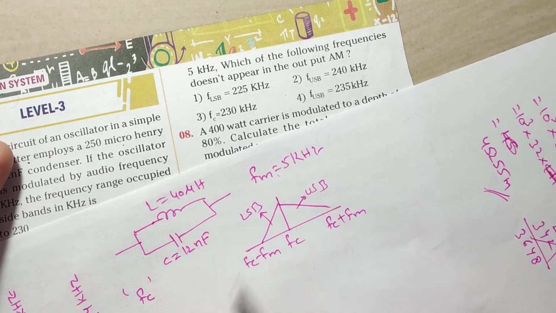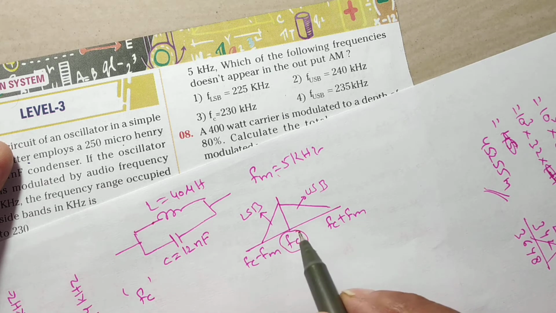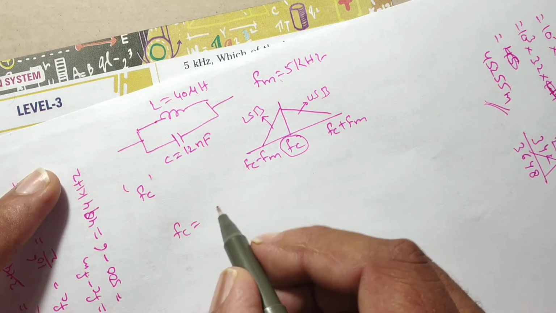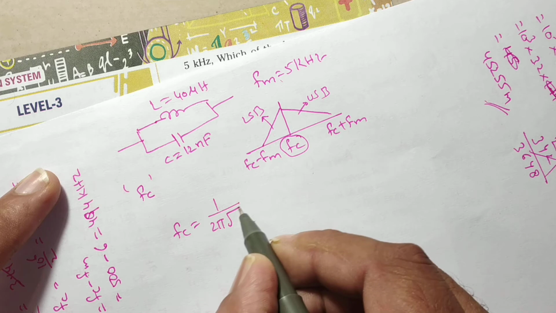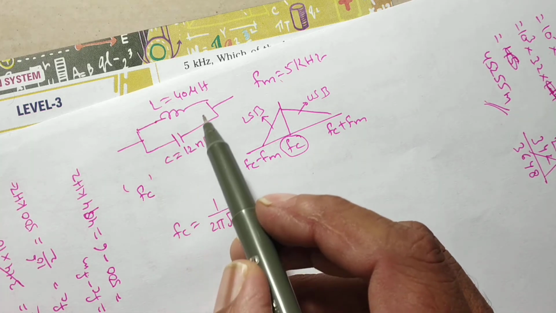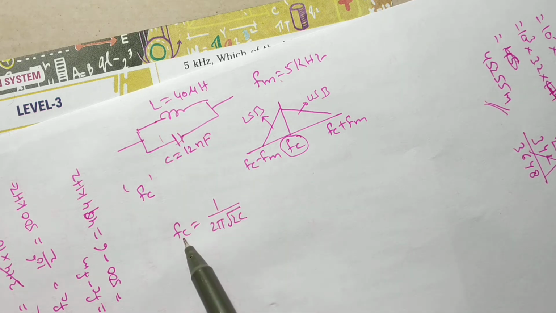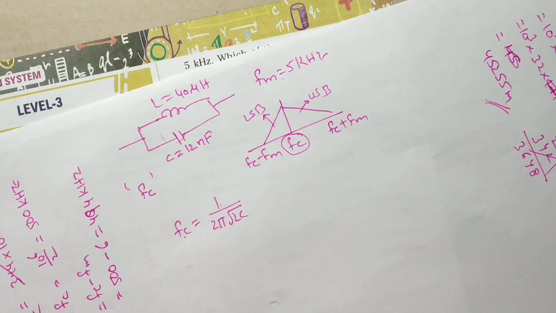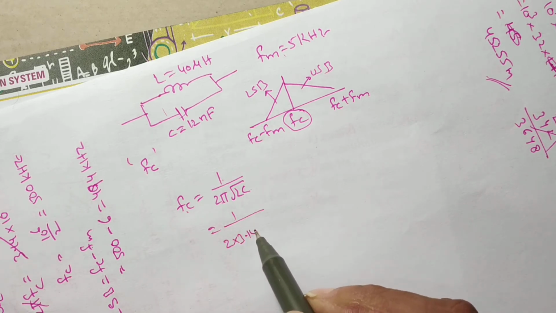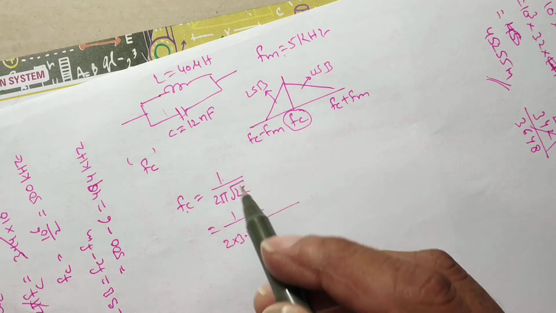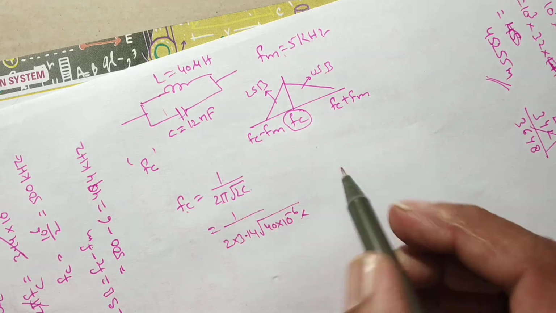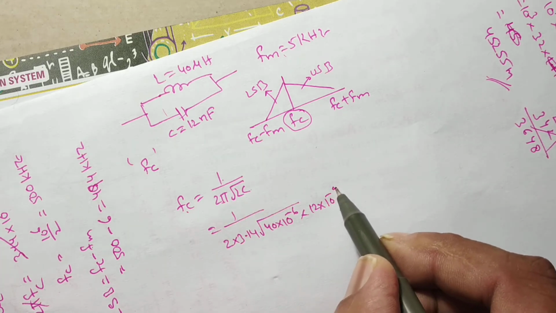First of all, we find the FC value. How can we get the FC value? This is the LC circuit, so FC is equal to 1 by 2 pi root LC, which generates the carrier frequency. We just have to substitute the values: 1 by 2 times 3.14 into root of L, 40 into 10 to the power of minus 6, and C, 12 into 10 to the power of minus 9.